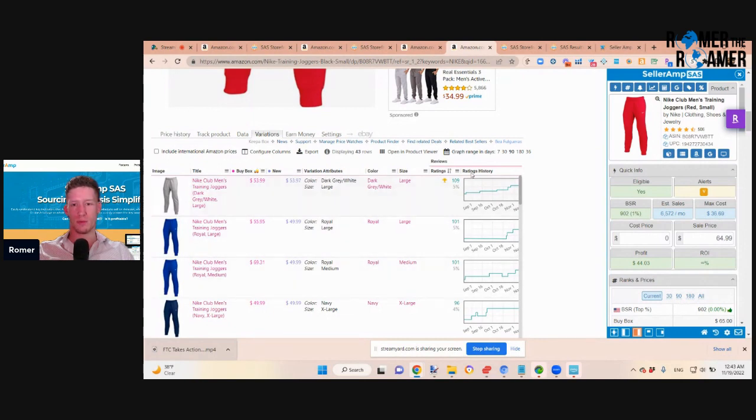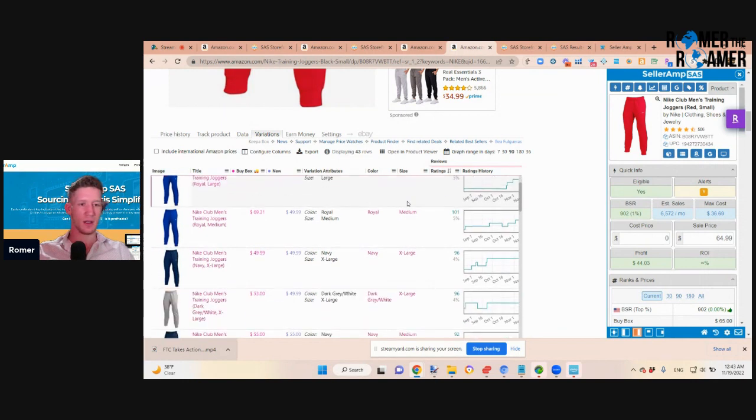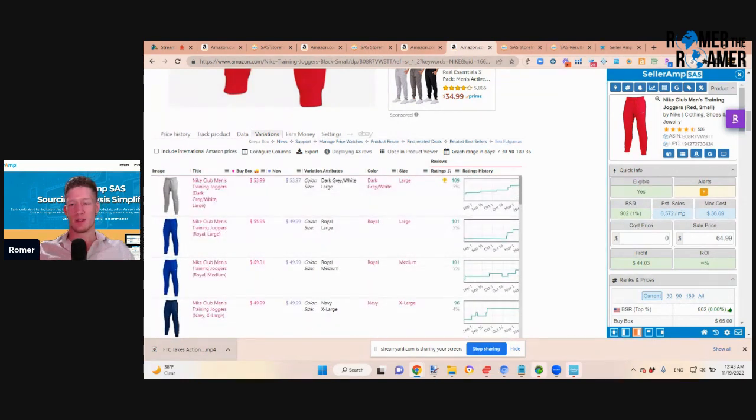So we're sorting by rating and we're making assumptions that the highest rated product, meaning the product with the most ratings, is getting the most sales. It's just the law of numbers. The more ratings, the more likely it is to get most of the sales. This is a monster listing. It gets 6,500 sales per month. So we would take 5% of 6,500.